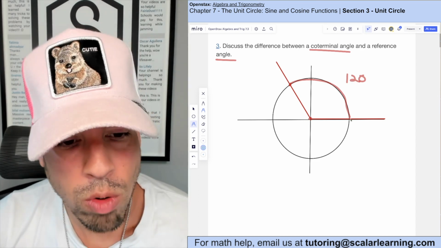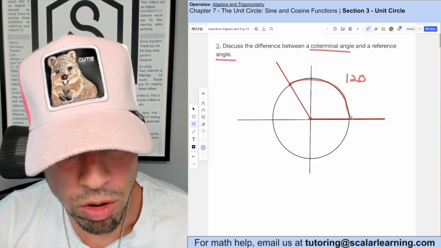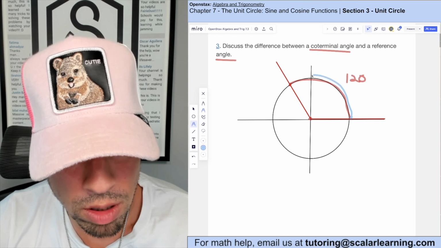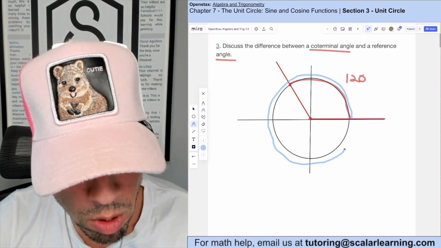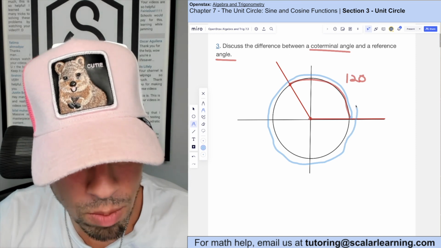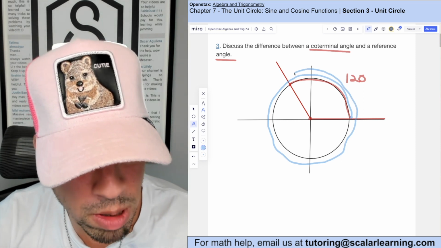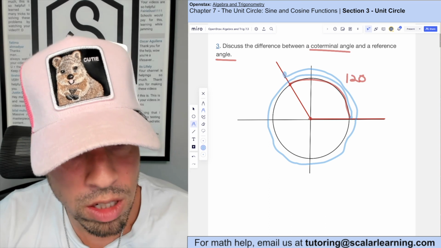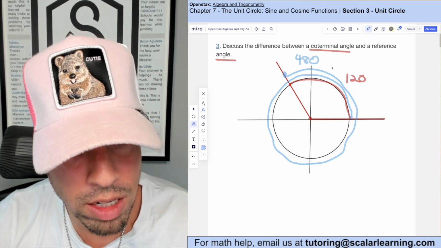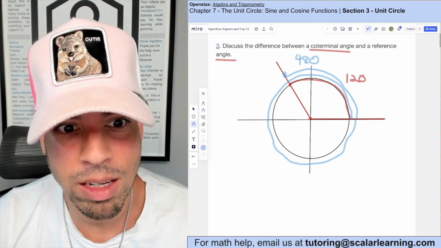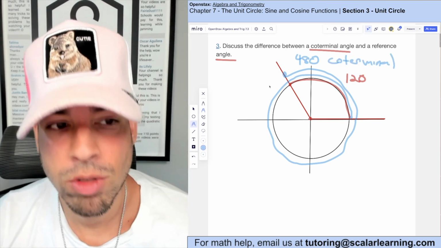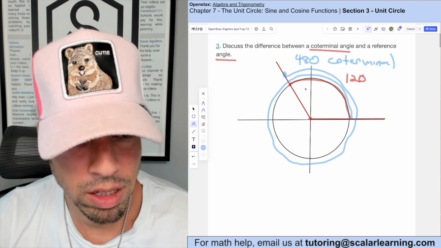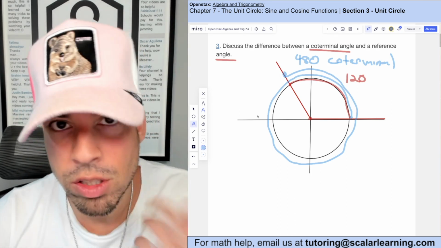If we start at 0 and go around, pass 120, keep going and complete a circle that's 360, and then go another 120, we land at 480. This blue angle of 480 degrees lands at the exact same spot as 120, so it's coterminal. We can do this infinitely. I can add another 360 and it would be 840, and so on.